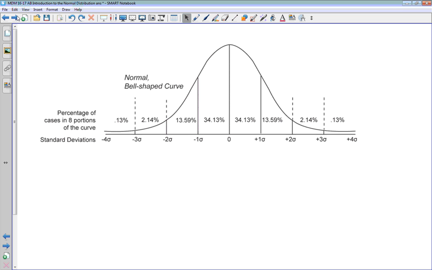So they have labeled this line right here +1 sigma, which means a value right here is 1 standard deviation larger than the mean. And over here, -1 sigma means that you are 1 standard deviation below the mean. So this width right here is ±1 standard deviation. So I'm just going to write that down. Okay, 1 sigma below x bar. This point right here, we are 1 sigma greater than.